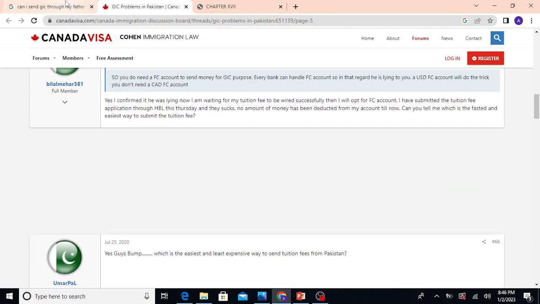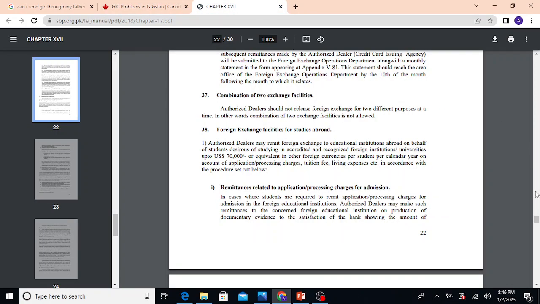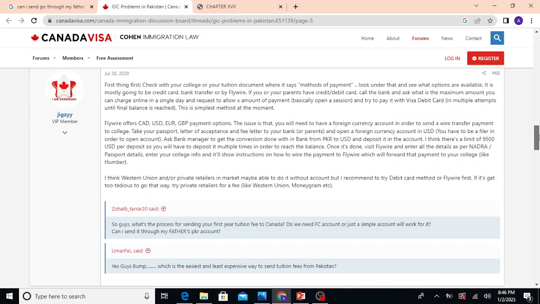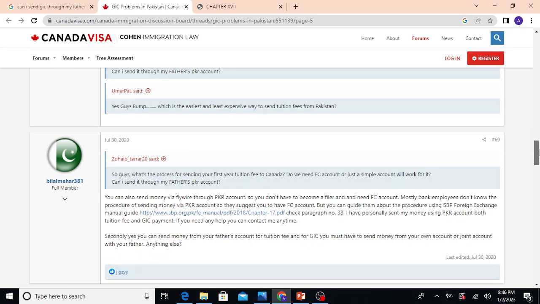Okay, so one more important thing. For example, if you go to another bank and they refuse to initiate the transaction, what you can do is show them this document. This document is already there. There's a person here who has actually shared this document. See this one, Bilal Meher.